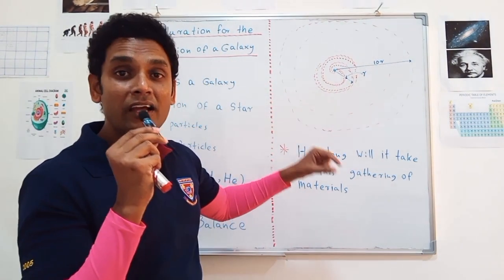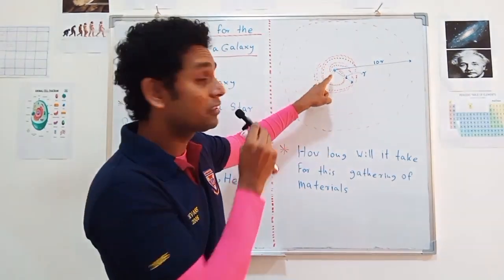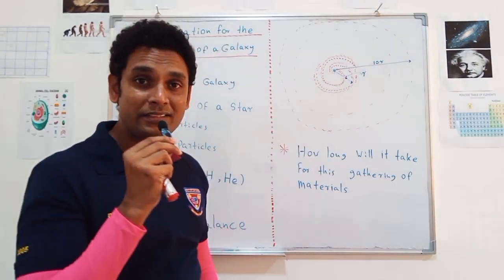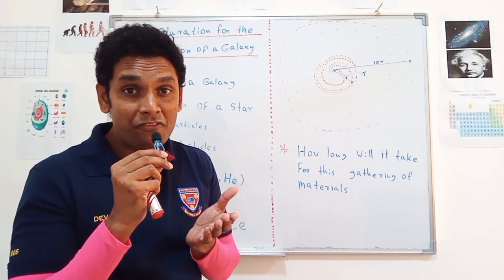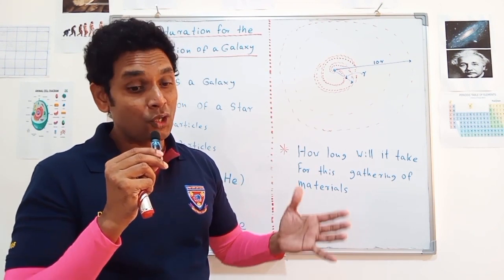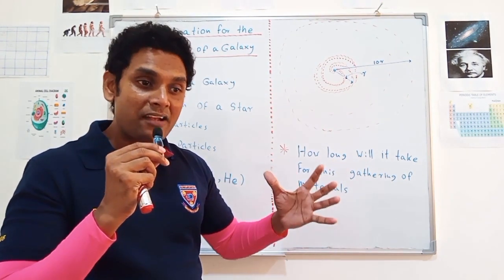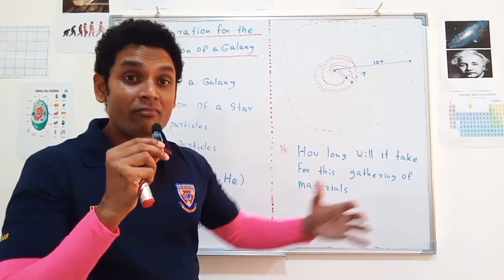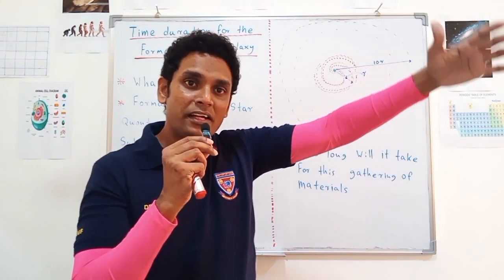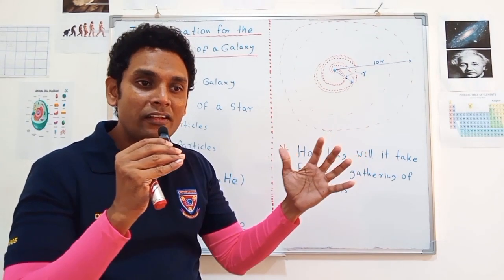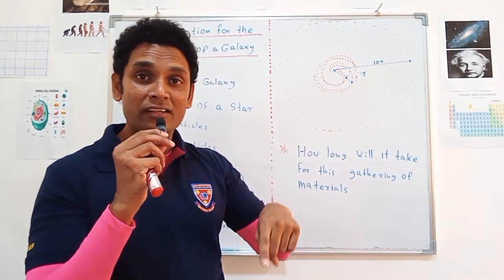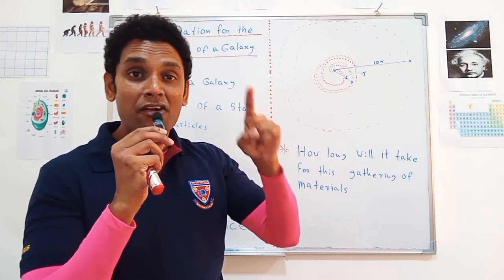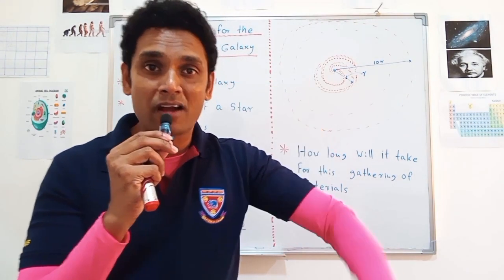Let's say our Milky Way galaxy has a radius of 50,000 light years. To form this galaxy, the stars within 500,000 light years must be collected together like a whirlpool. Now we are going to calculate that time duration.